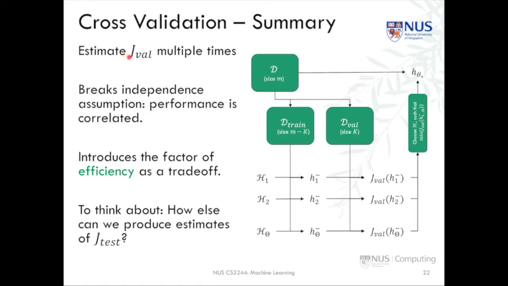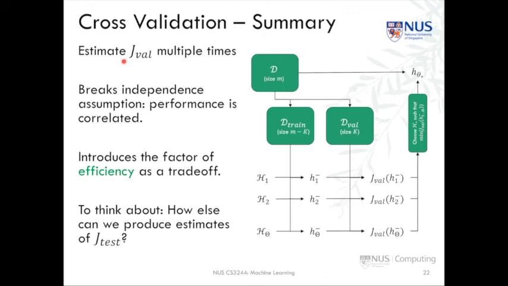We saw that there was a trade-off when we set the k equal to a large amount, where we're able to estimate our validation costs accurately, but then the hypothesis that we are trying to get with our smaller shrunken training set is going to be less stable. When we use a smaller number for k, then our estimates of the validation error will be less stable, although we'll have better performance of our H classifiers.